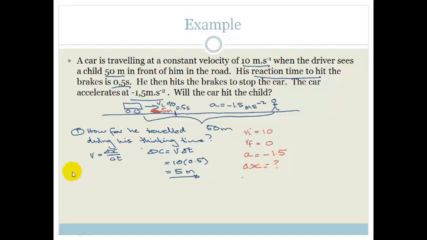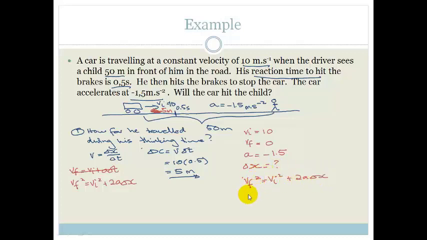So again, let's look at our equations. I'm going to write them down here. We've got vf equals vi plus a delta t, but we don't have the time, so we're going to cross that out. But we've got vf squared equals vi squared plus 2a delta x, and that one works perfectly, so we're going to use that. So vf squared equals vi squared plus 2a delta x.